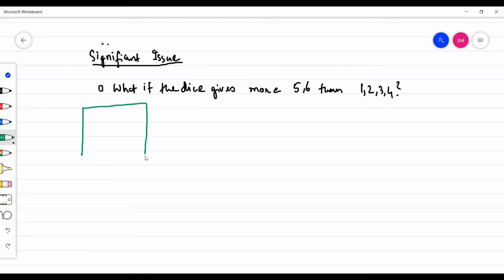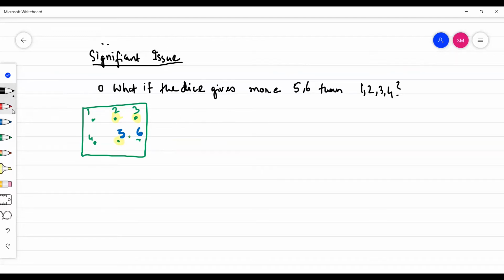We have these six outcomes, 1, 2, 3, 4. I'm writing 5, 6 in a different color to stress them, because 5, 6 occur much more often than the others. We are trying to look for 2, 3, and 5, right? So 5 has more weight attached to it than 2 and 3.